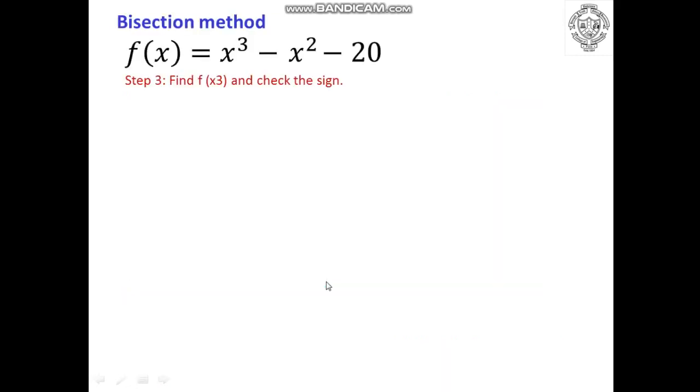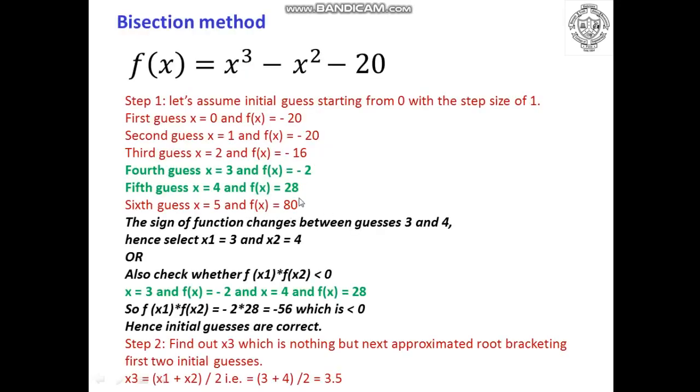Even if you check the signs, this is positive and this 28 is also positive. So these two initial guesses will be wrong for the next iteration.